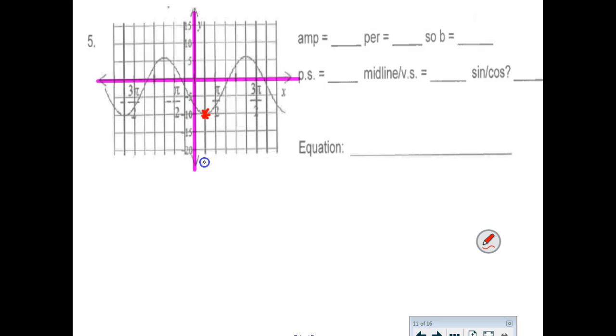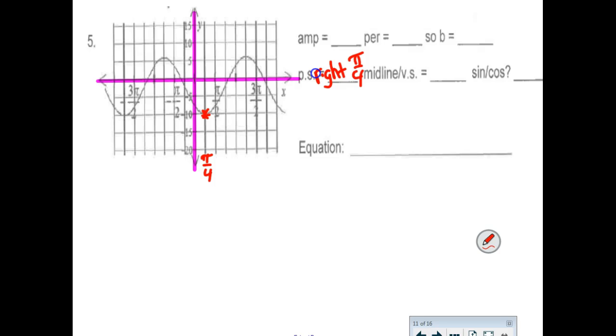I guess my question now is, where is that? Because it's not even labeled. But that's okay, we can figure it out. What's halfway between pi over 2 and 0? That must be pi over 4, okay. So this has been shifted to the right pi over 4, according to my and Olivia's interpretation.